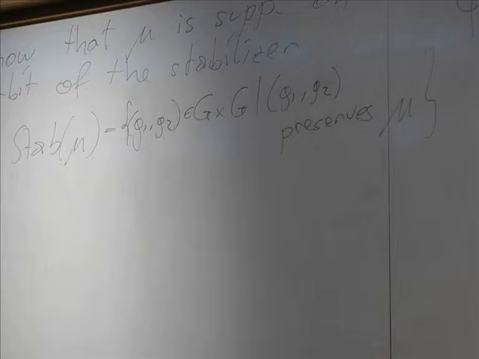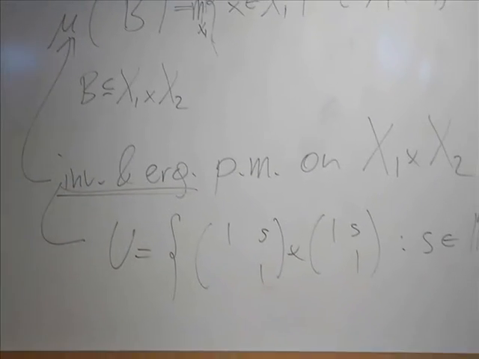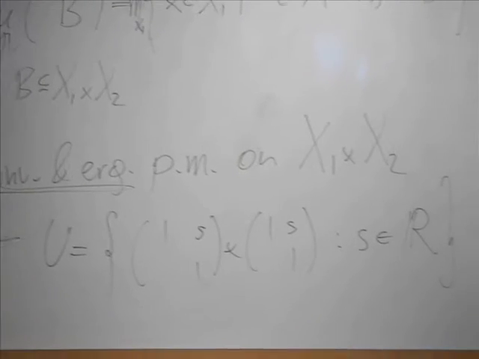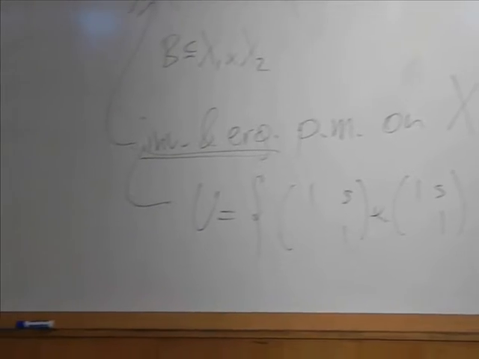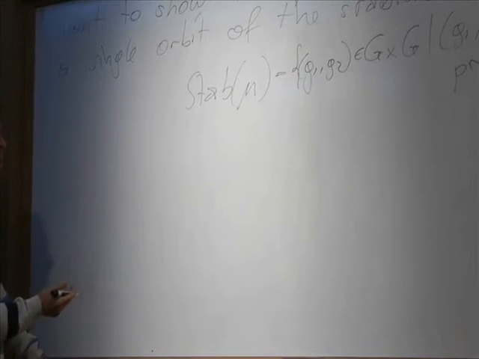Again, we can use generic points. Our unipotent, this is our unipotent flow. It's invariant and ergodic by assumption for this measure or by construction for this measure. So there are generic points and there are large sets of uniformly generic points as always.